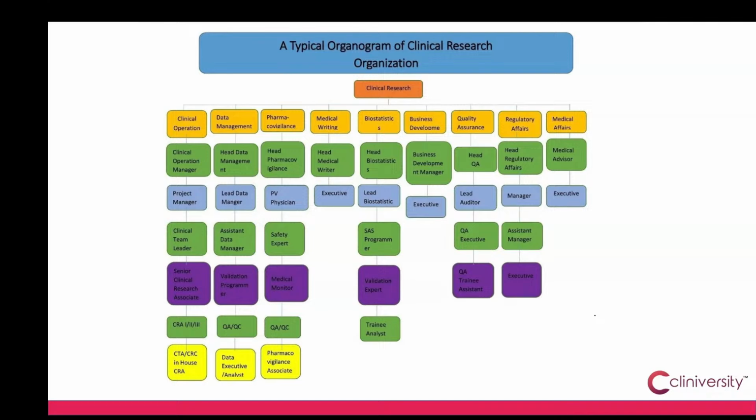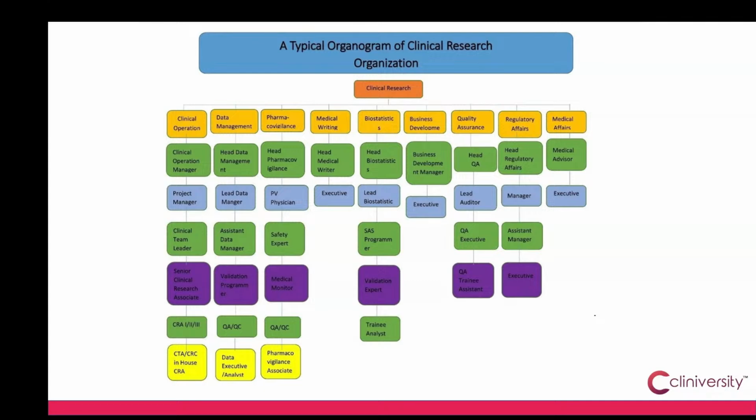Then after senior clinical research associate, we have clinical team leader. On top of clinical team leader, we have project manager, and the project manager reports to the clinical operation manager, the head of clinical ops. And then you can have associate director or director roles as well within the clinical operations department.